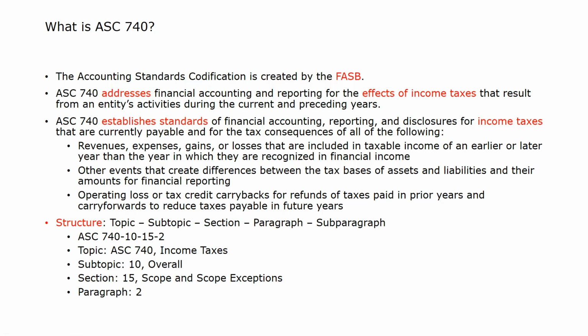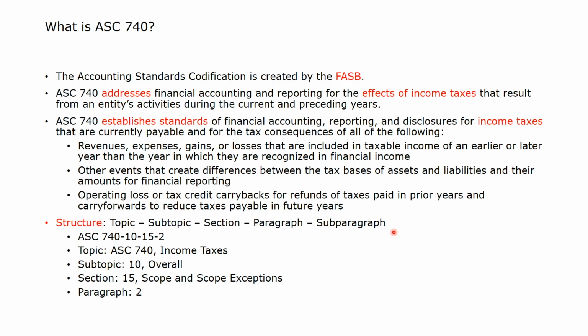Just real quickly, on the structure of ASC 740. If you look right here, this is how the Accounting Standards Codification is organized for all the topics, not just ASC 740, but for all of them.